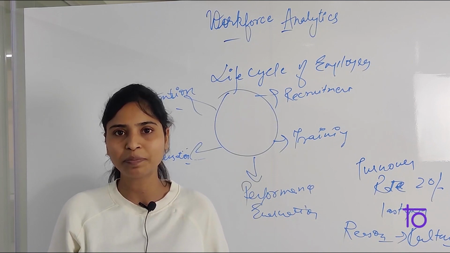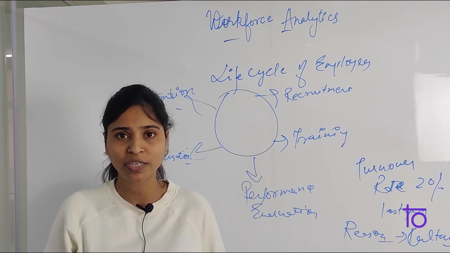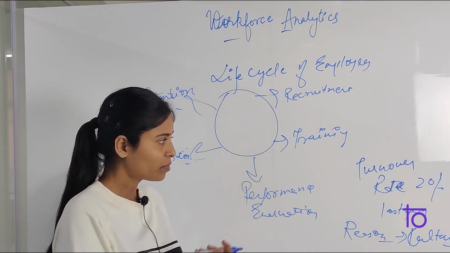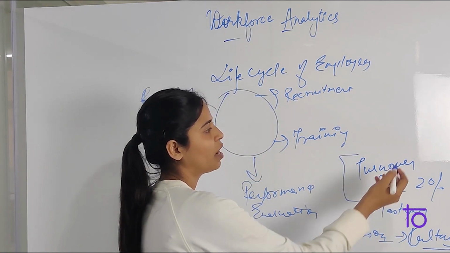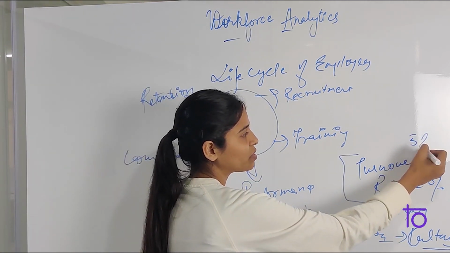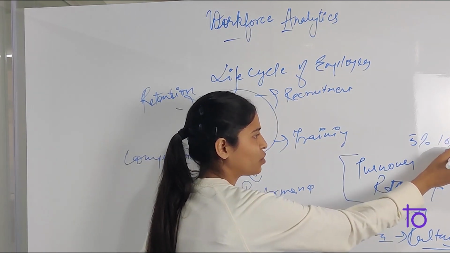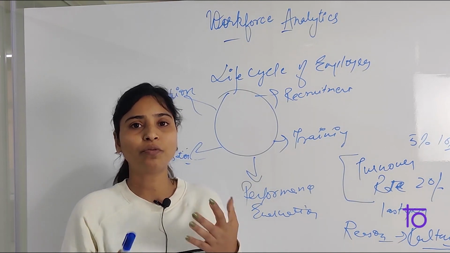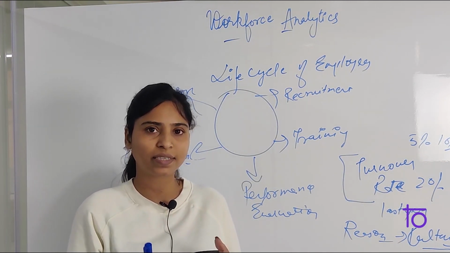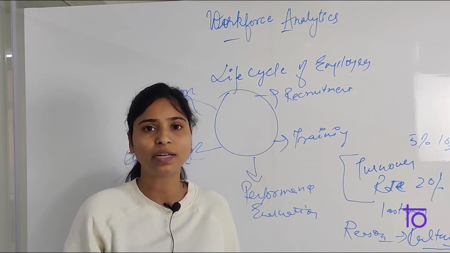They will leave the company for a better opportunity. So we can reduce the turnover by 5% or 10%, whatever it could be, if we know the reason. So we can make decisions on the basis of historical data.